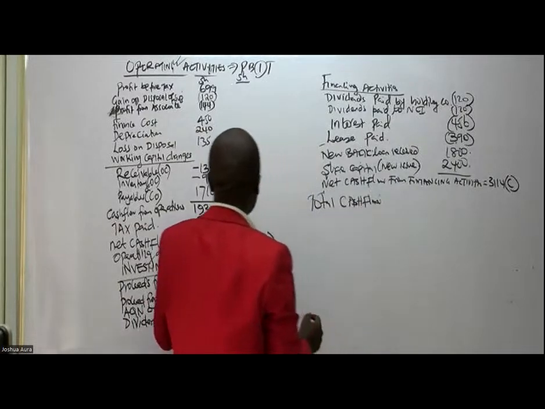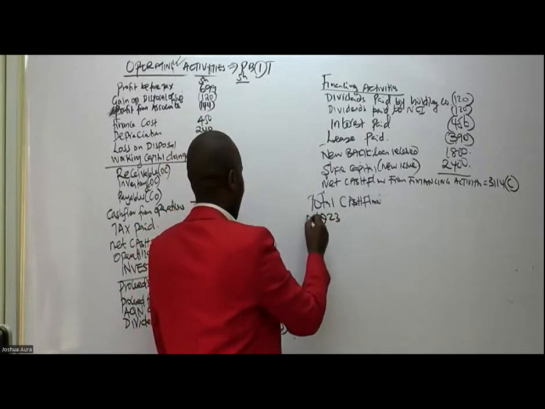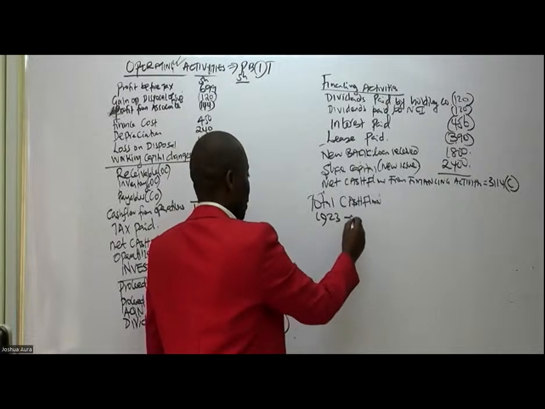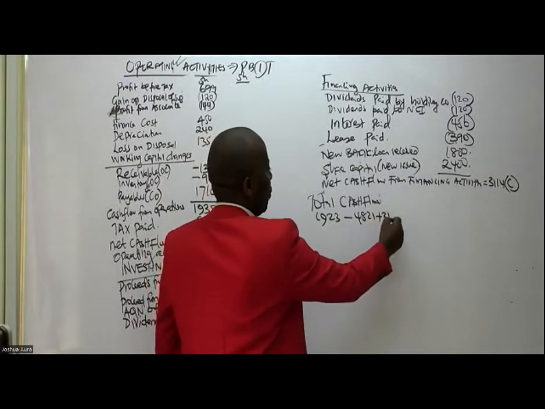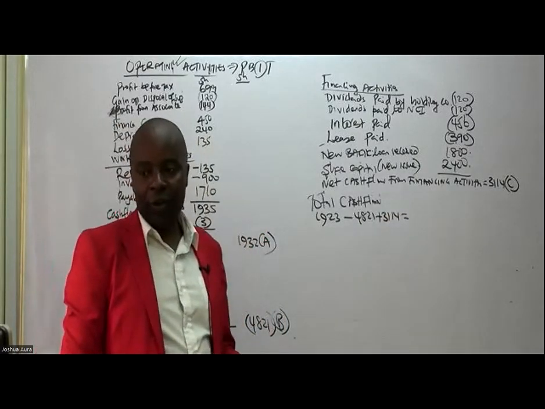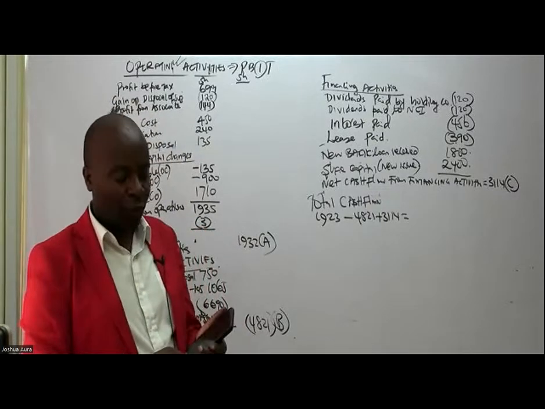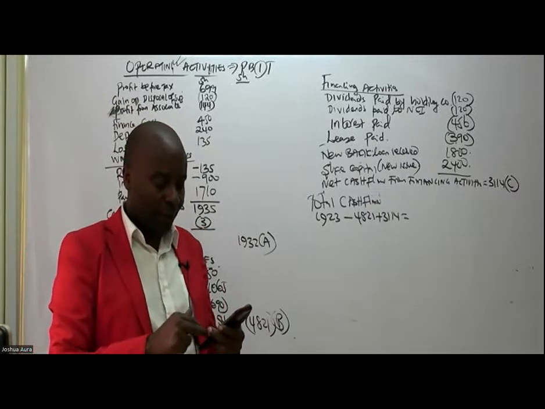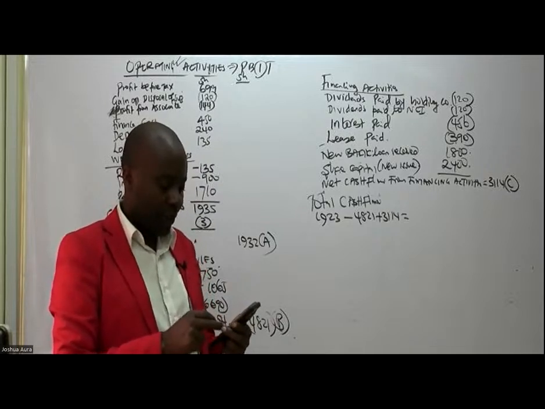So for total cash flow you are taking this one of 1923, it's positive, minus 4821, and the other one is positive 3114. Could you kindly give me this figure? I also want to confirm it.